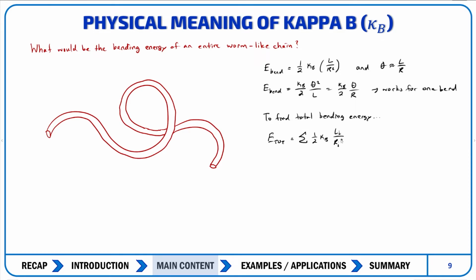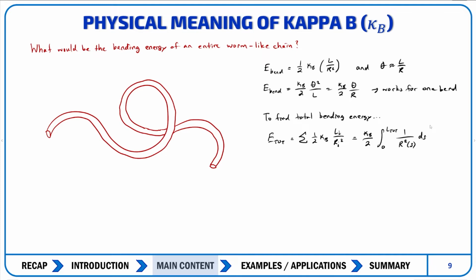So we basically have to add up all of the different bending energies for each bending component of your worm-like chain. Another way to write this for integrals would be kappa B over 2 times the integral from 0 to the total length of 1 over R squared of S ds for a certain distance away from the start.